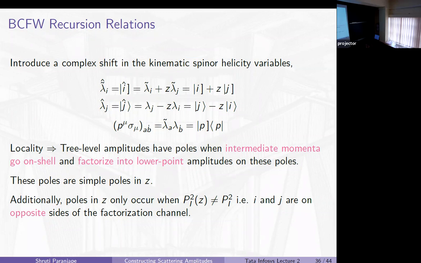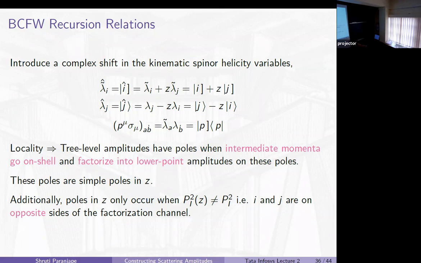This shift, what does that do to the momentum? It does the same thing to the momentum. You can write it as Pi goes to Pi plus Z times some Qi, whatever you want to call it, some other momentum. Similarly, Pj goes to Pj minus Z times Qi.